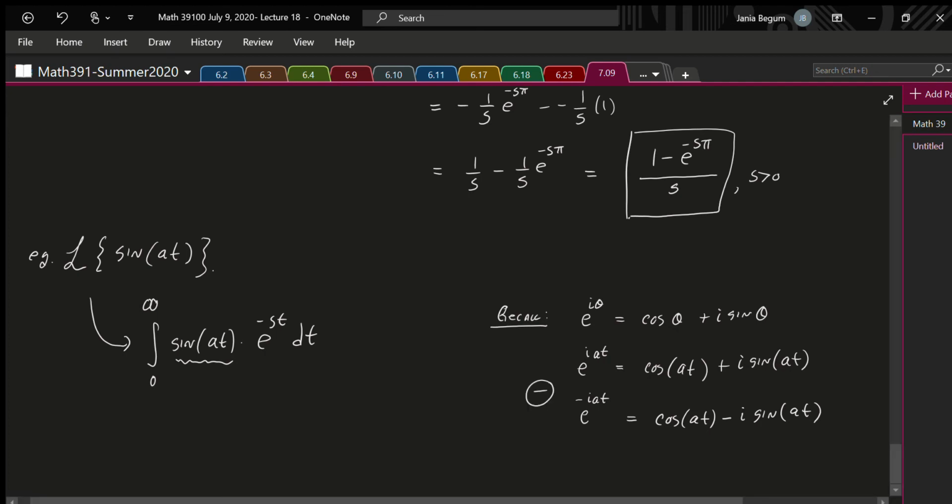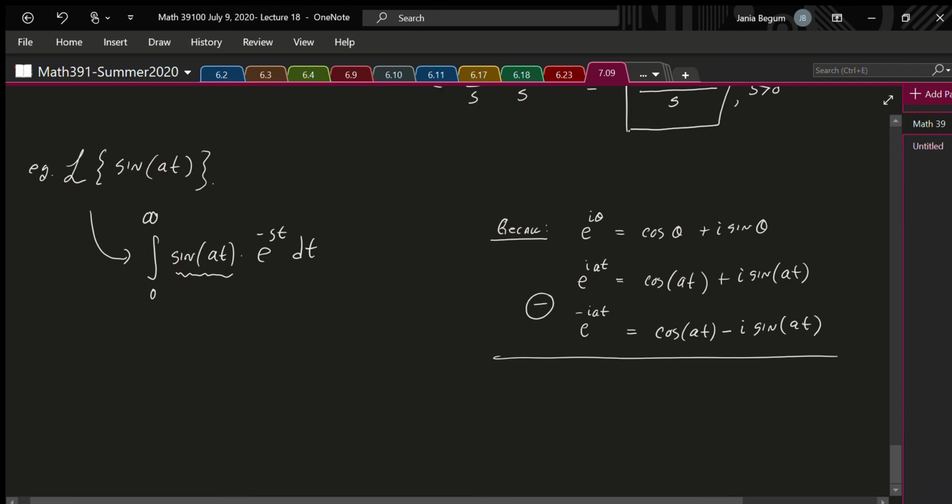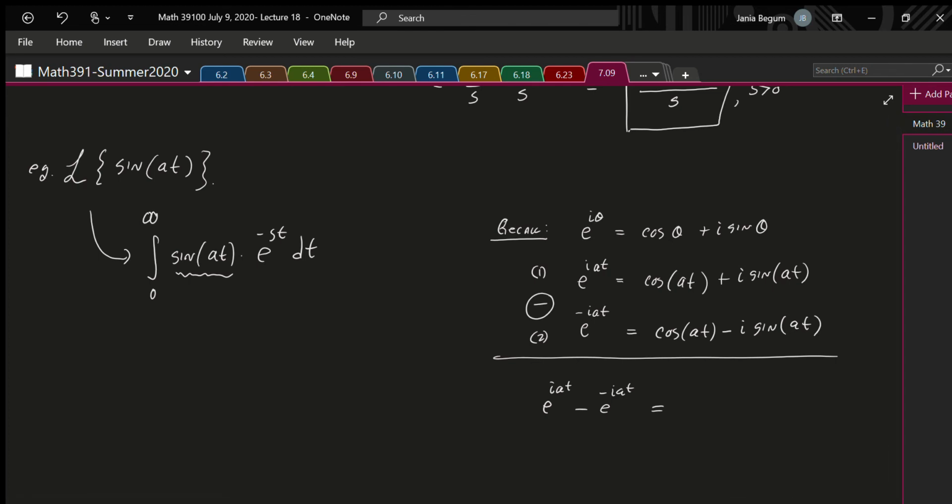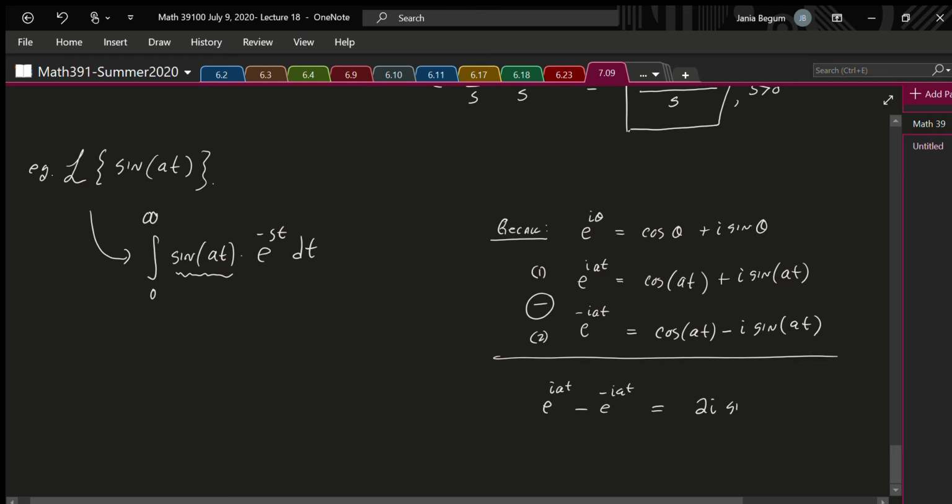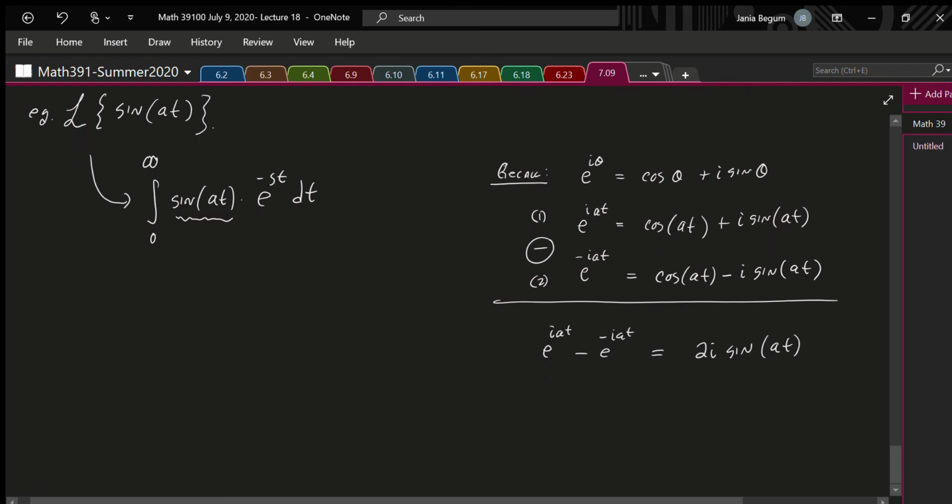So e to the iat minus e to the negative iat is equal to, well, if I subtract them, the cosine at minus cosine at goes to 0. I have sine at plus sine at, so I get 2i sine of at. To solve for sine at, I just have to divide by 2i.